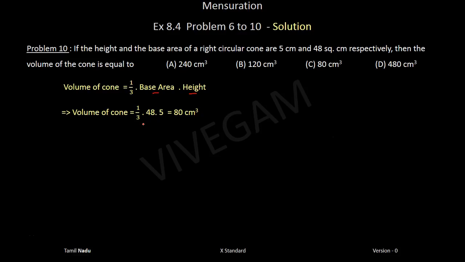So 1 by 3 into 48 into 5, that is 48 into 5 divided by 3. So 3 will go 16 times, right? So 16 into 5 is 80 centimeter cube.